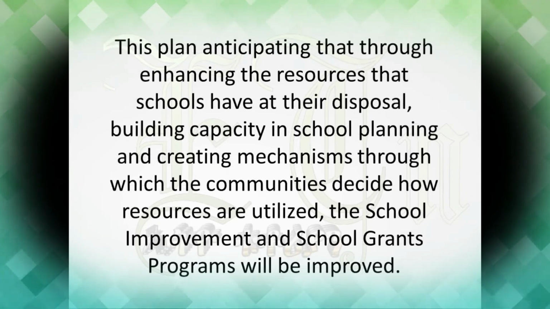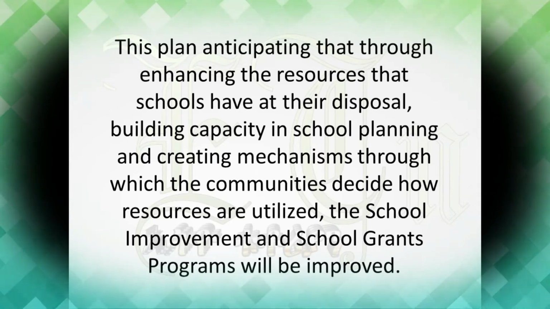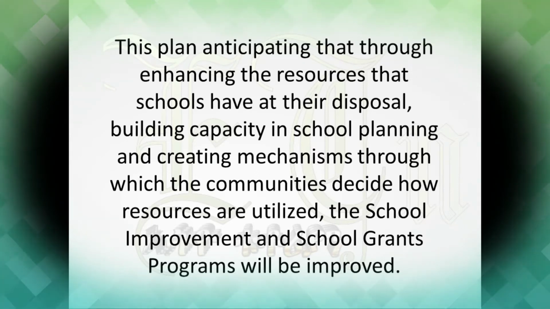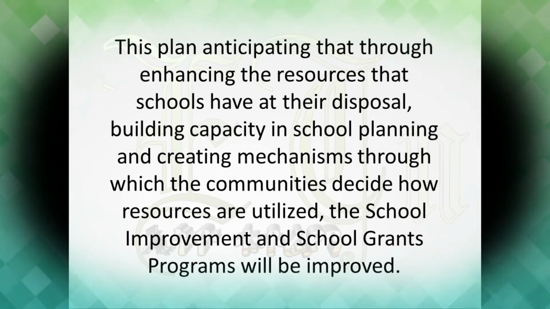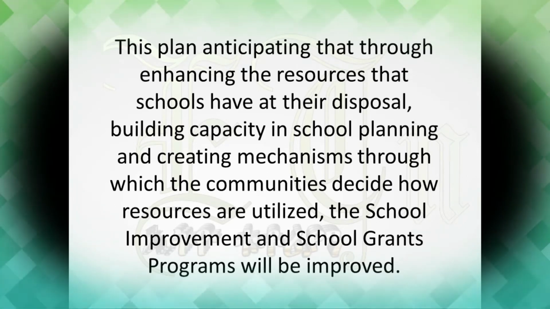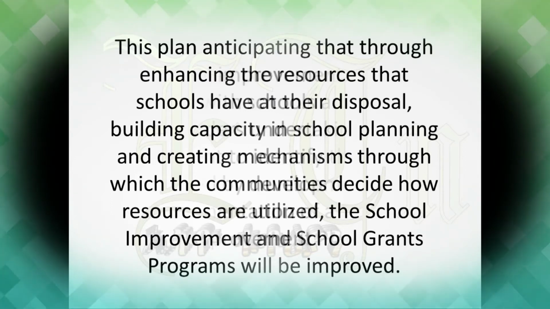The plan anticipates that through enhancing the resources that schools have at their disposal, building capacity in school planning and creating mechanisms through which the communities decide how resources are utilized, the school improvement and school grants programs will be improved.